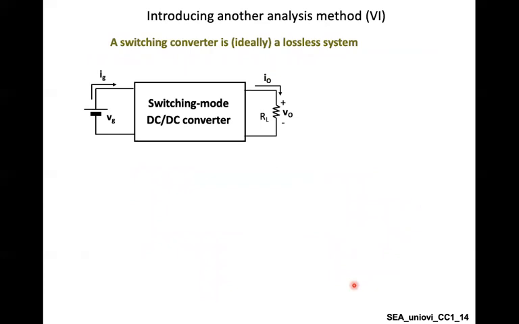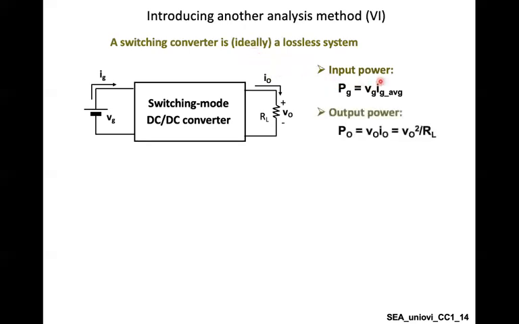Another important information is related to the ideal, or what we can call a lossless system. When you have a four-port system with two inputs and two outputs, under an ideal condition, you have to consider that the input power, representing VG times IG average, and the output power, representing V output times I output, or V output square over RL, should be equal.